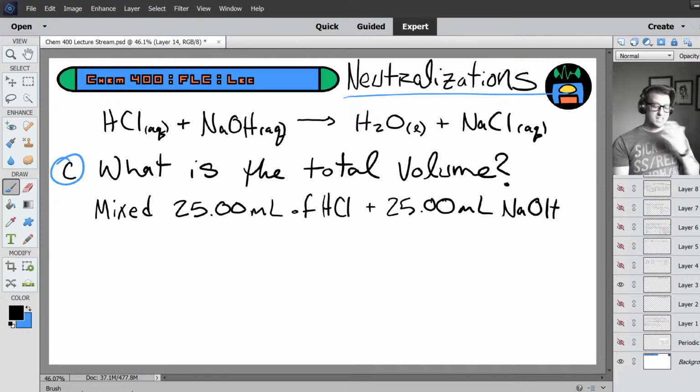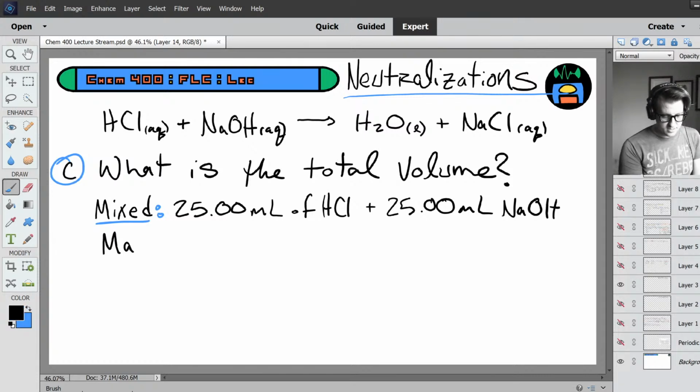So you might be thinking, let's add these two together, right? And that'll be our total volume. And you're on the right track. We did mix these two volumes together. But we also made, in the course of this reaction, we produced 1.1 grams of water.